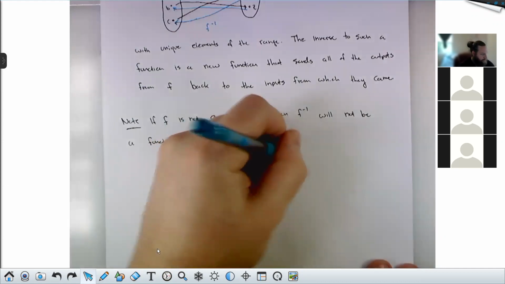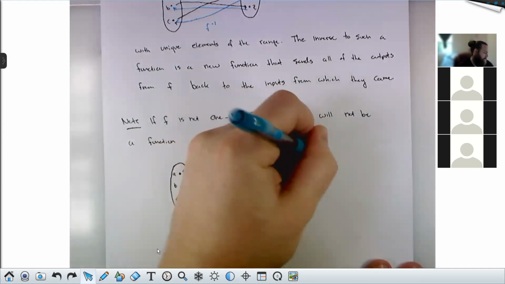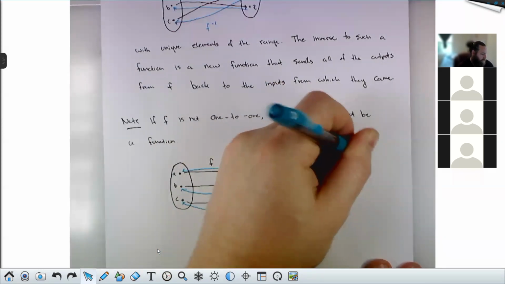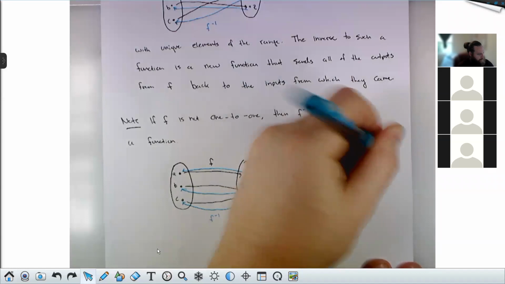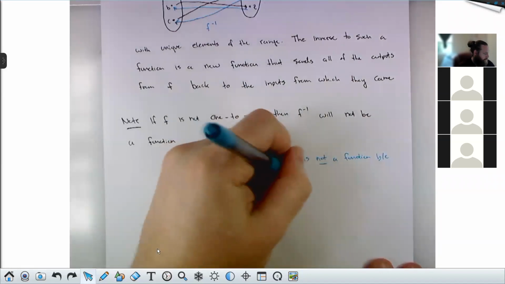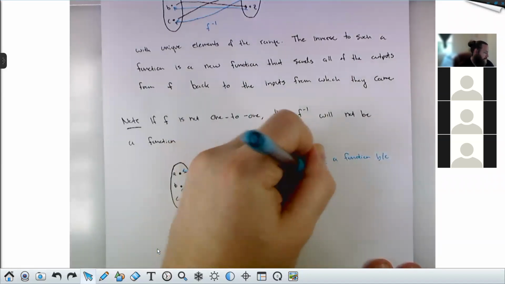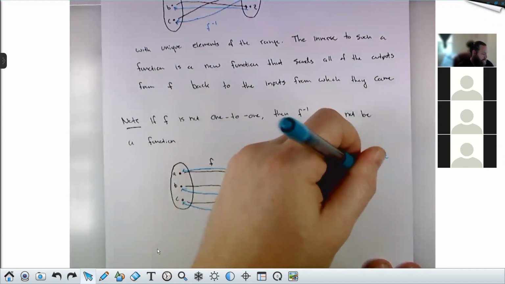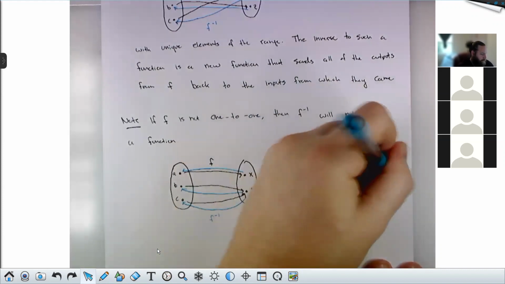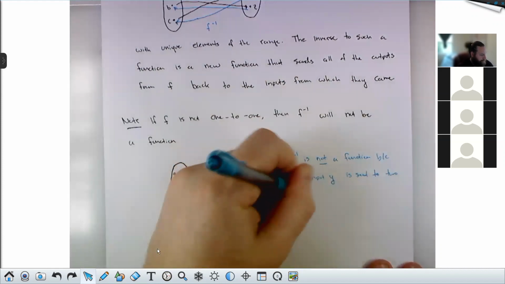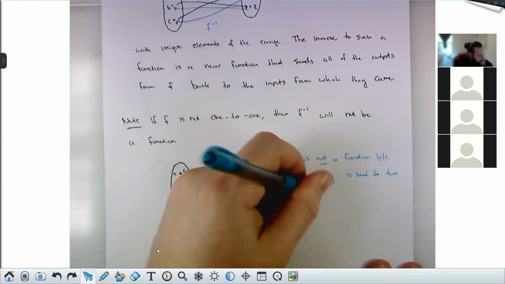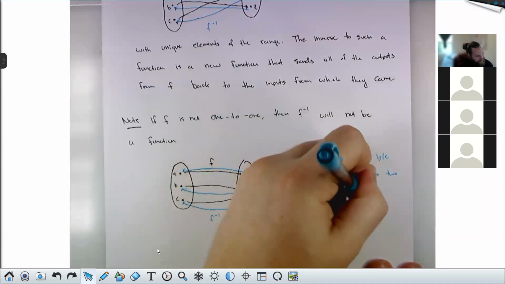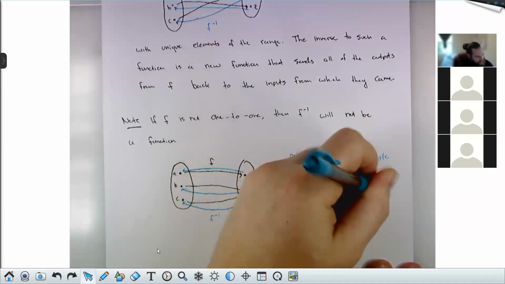F inverse is not a function because its input y is sent to two different outputs, namely B and C.